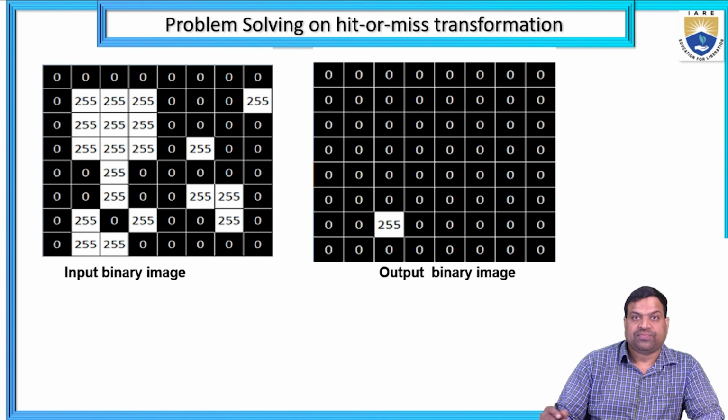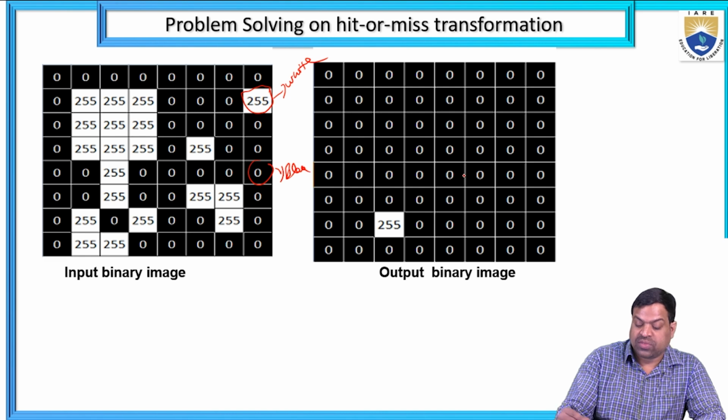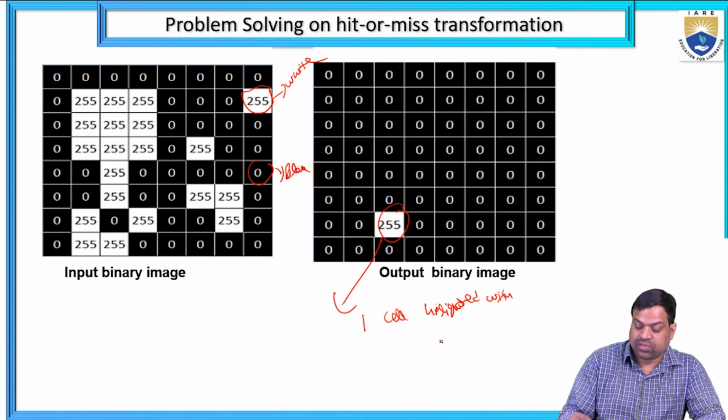Here 255 means it is white, so I'm highlighting this one. 0 means black. So here only one cell is highlighted, that is white.